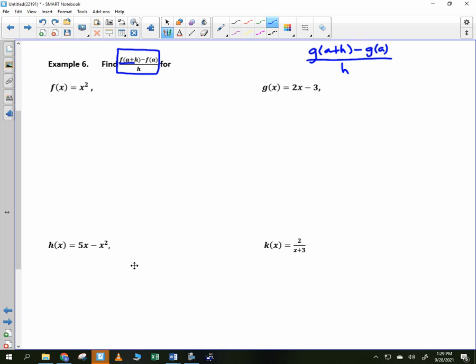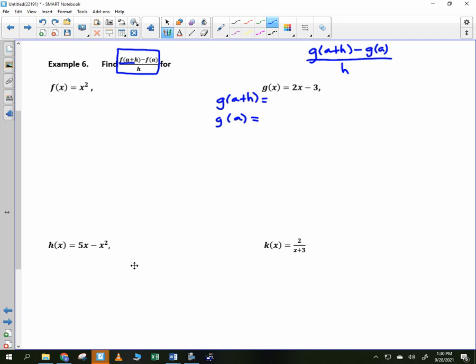So I'm going to set this up by writing g of a plus h and g of a. Because it doesn't say g of h. Oh, okay.